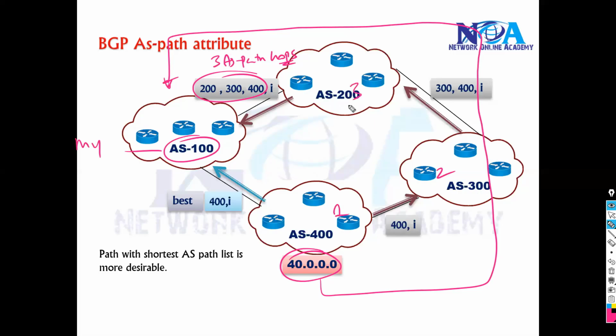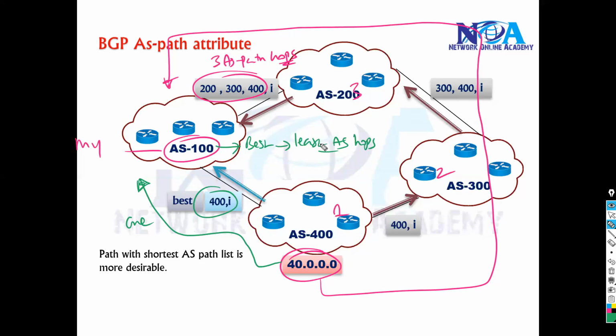Not the number of routers, it is autonomous system path hops. And when I'm receiving the same route from this side, it is just 1 AS, only 400. So by default, the BGP path selection process will select based on the least AS hops. Again, we can modify that with some attributes.